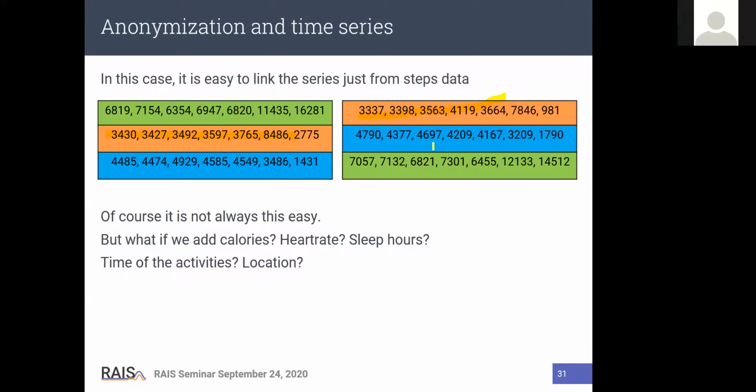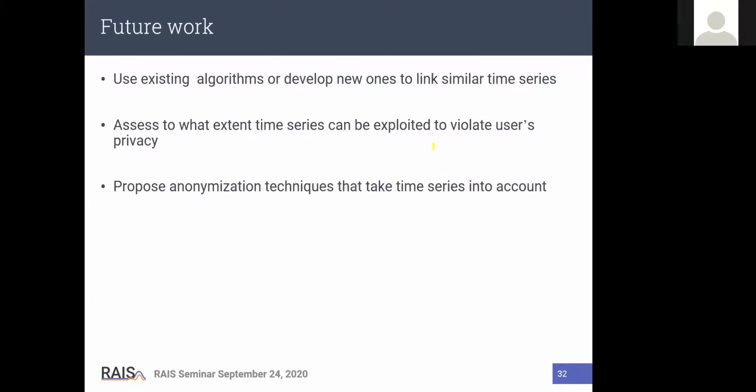And so this is basically the topic that I'm currently investigating. As future work, what I aim to try is using existing algorithms that exploit similarity of time series to link 1 month to the other or 1 week to the other, in general, to basically de-anonymize these users.